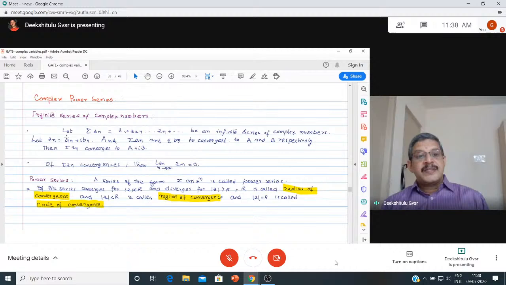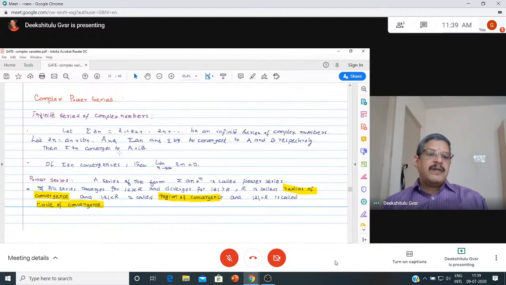Here sigma an and sigma bn are now real series, infinite series of real numbers. If they converge to, let us say, capital A and capital B respectively, then sigma zn converges to A plus iB.